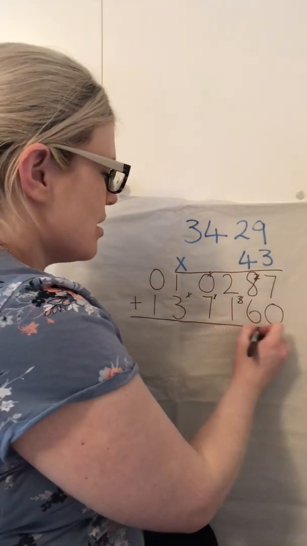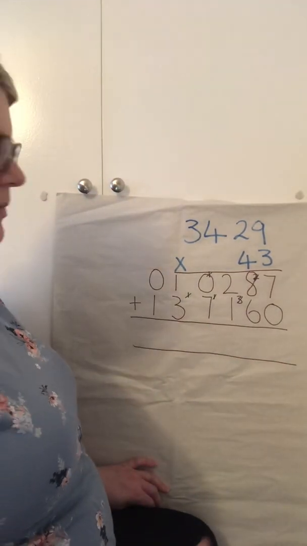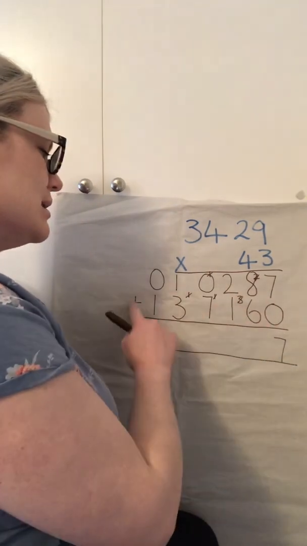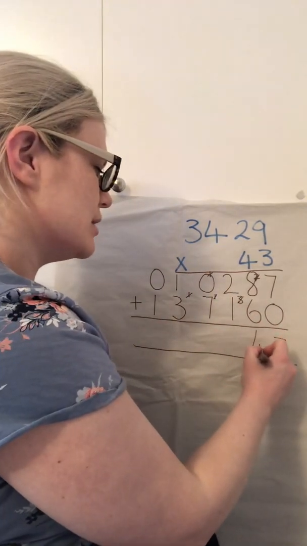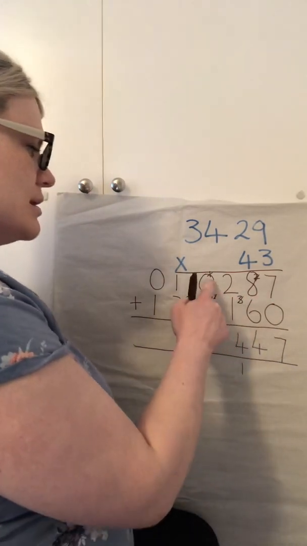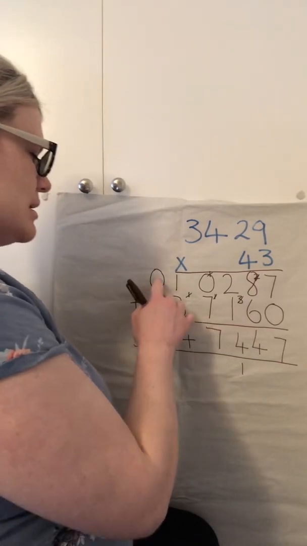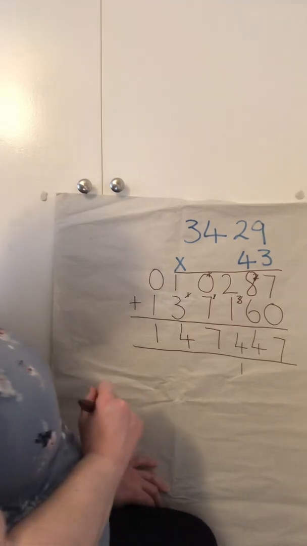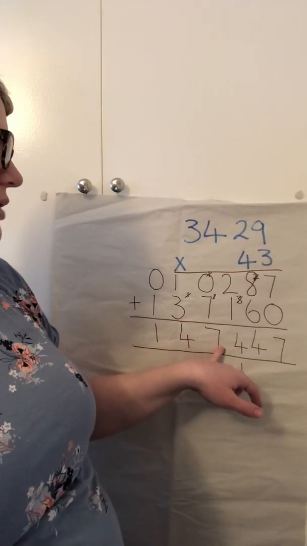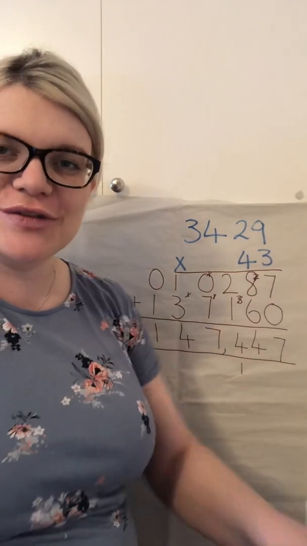And then final step to work out the product, we're going to do our addition. 7 add 0 is 7. 8 add 6 is 14. 2 add 1 is 4. 0 add 7 is 7. 1 add 3 is 4. 0 add 1 is 1. And my product, or my final answer, is 147,447. So lots of 4s and 7s just to confuse us.